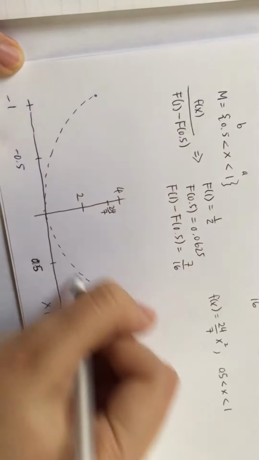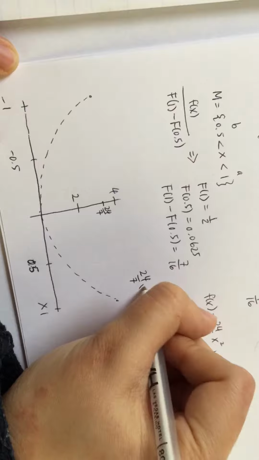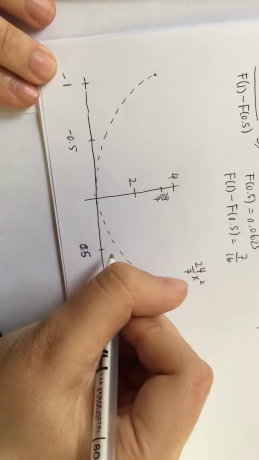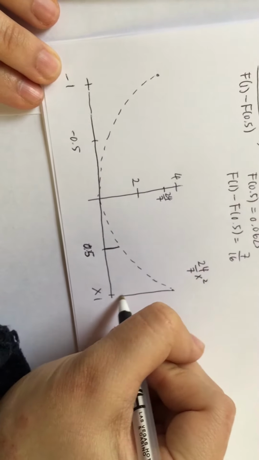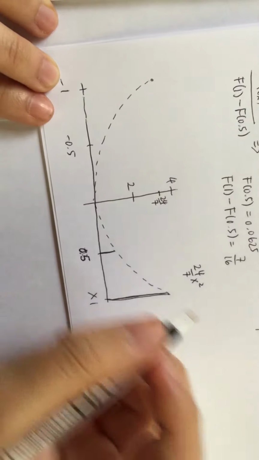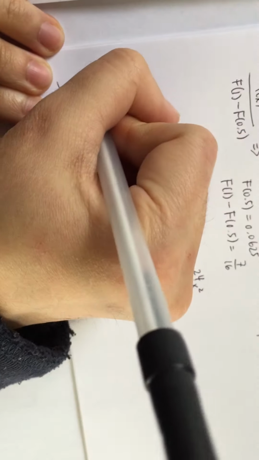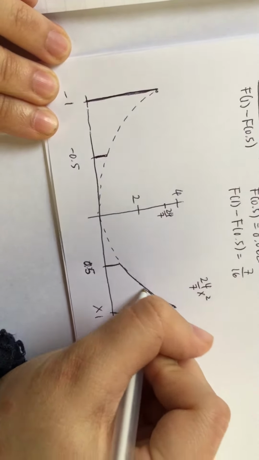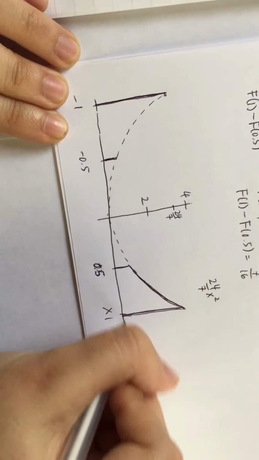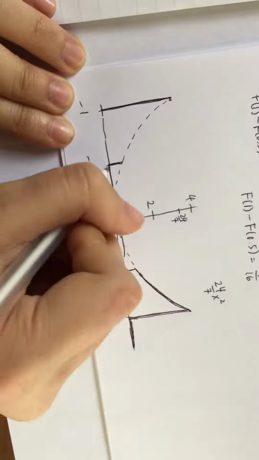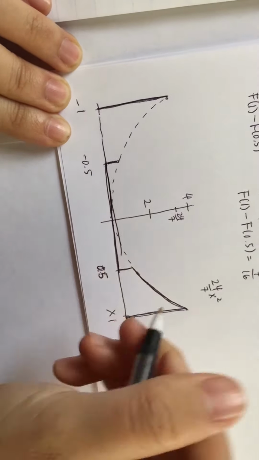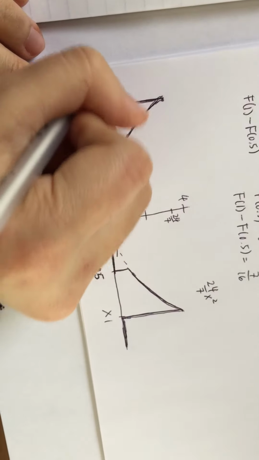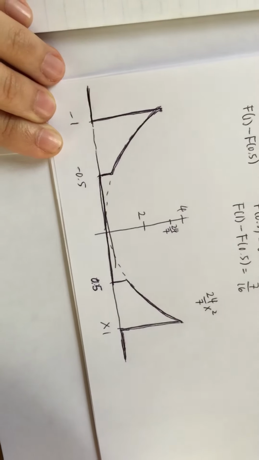So this curve is 24/7 times x squared. When we look at the interval, we only consider from 0.5 to 1 or from -1 to -0.5. So everywhere else it is 0. So then the probability density function on the condition of m looks like this, 0 everywhere else. So this is what the graph would look like.